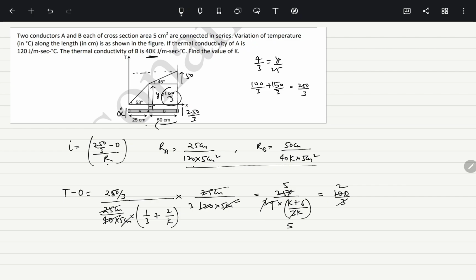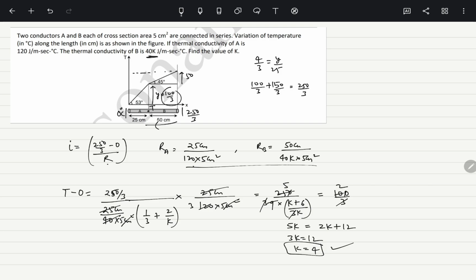So what is left now? So 5K is equal to 2K plus 12. So 3K is equal to 12. The K value is coming as 4, and that is the answer of this question. So I hope you understood, right? Okay, let's move to the next question.